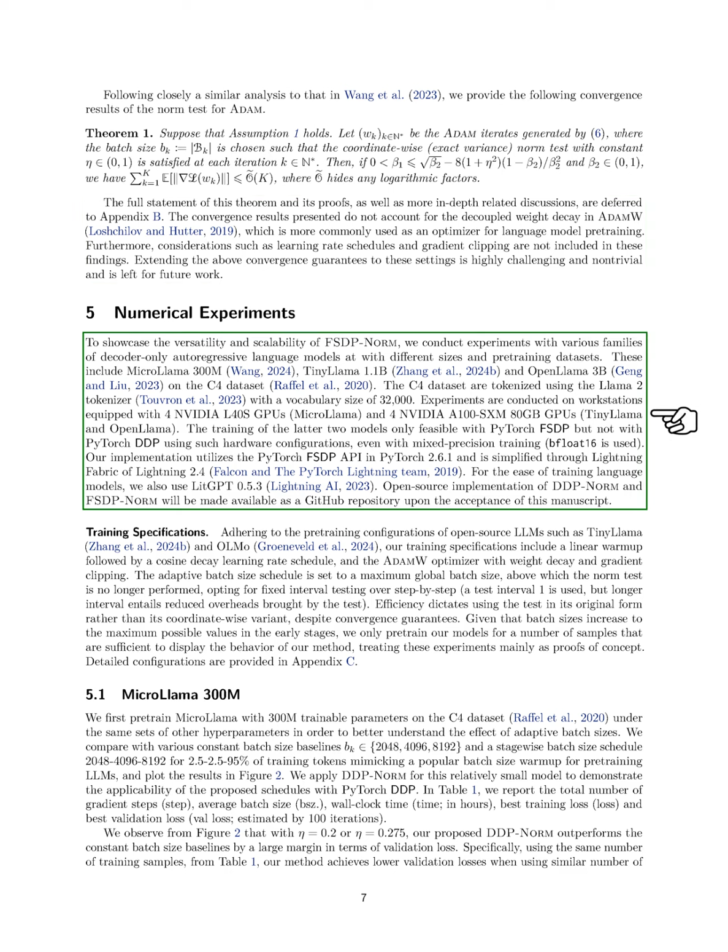To demonstrate the capabilities of FSDP norm, we conduct experiments with various decoder-only autoregressive language models of different sizes and pre-training datasets, including Micro Llama 300M, Tiny Llama 1.1B, and Open Llama 3B, all trained on the C4 dataset. We tokenize the C4 dataset using the Llama 2 tokenizer.